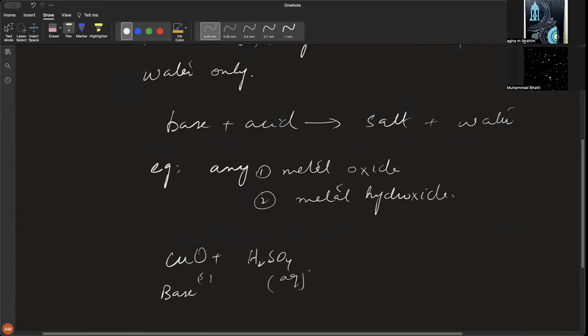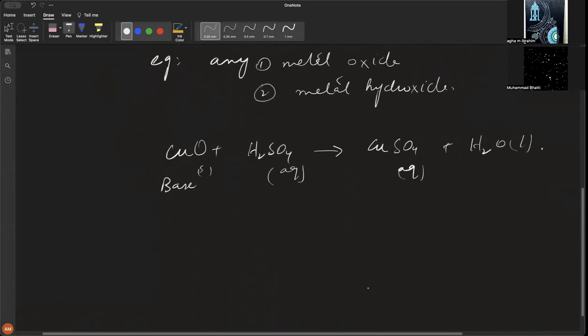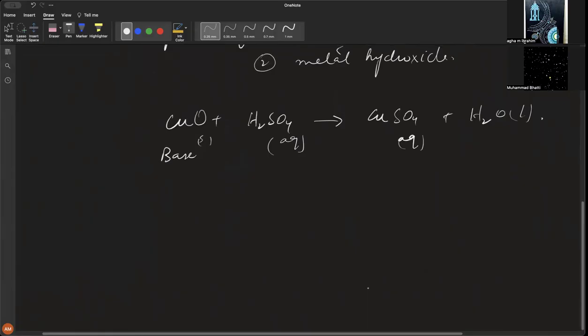Obviously, all the acids are aqueous. This gives you copper sulfate solution plus water, H2O, which is liquid.